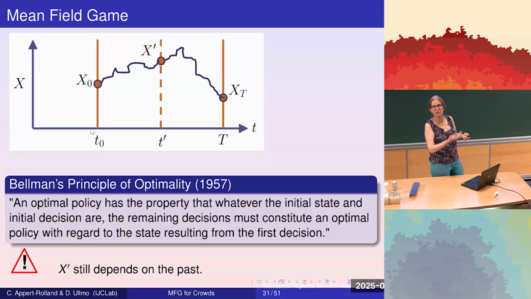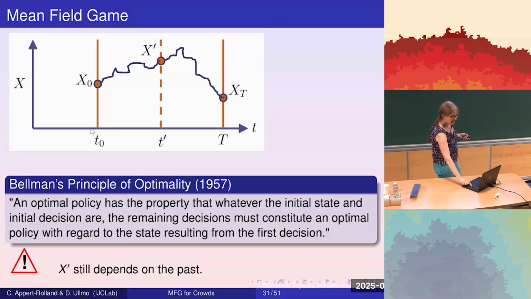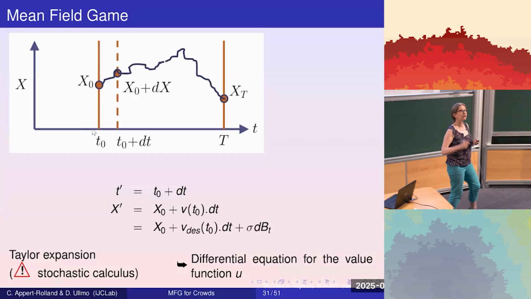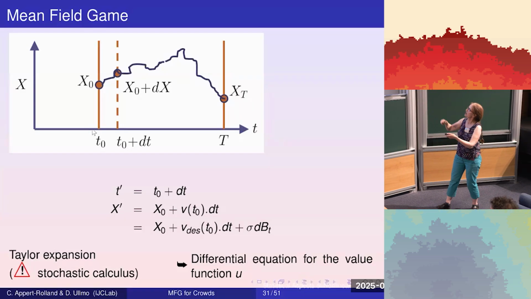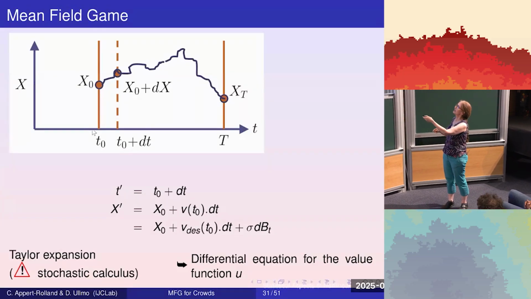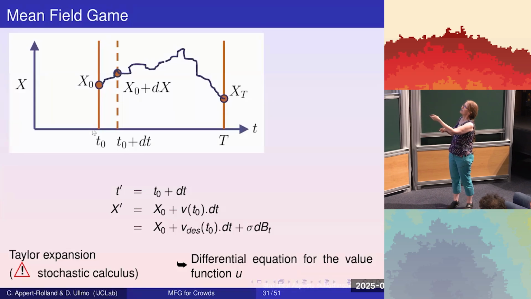And in general, I don't know x prime, but I can know it in a specific case when I'm very close in time. So I was at a time t0, and if I'm very close in time, I can infer the new position.